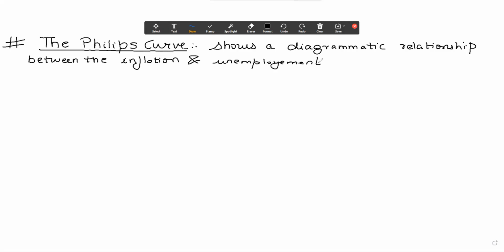Phillips curve shows the diagrammatic relationship between inflation and unemployment in the economy.